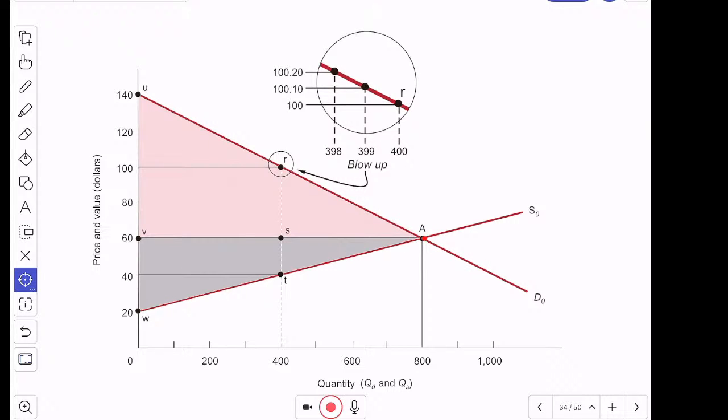At this price, for 800 units of quantity of the good, 800 units at this price would be sold.